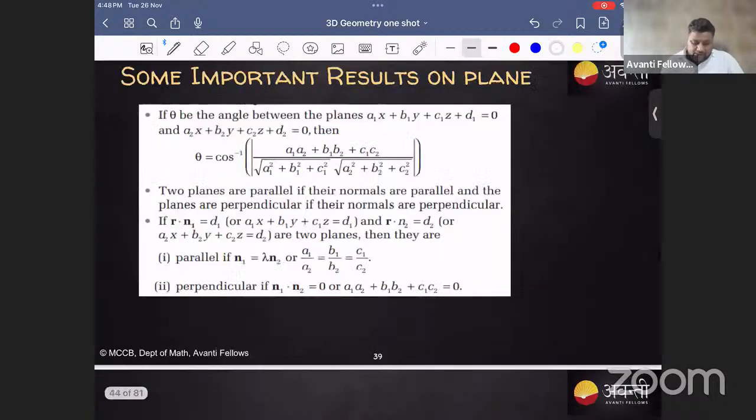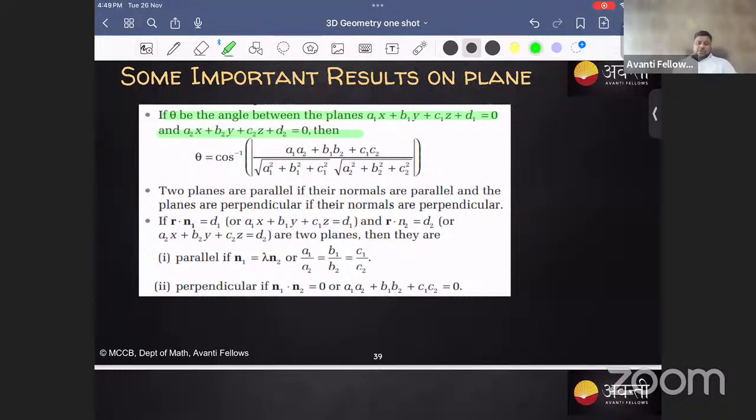Alright. Now some important results about the plane. If theta be the angle between two planes. See, first of all, the acute angle between two planes is actually the acute angle between its normals. Am I clear?